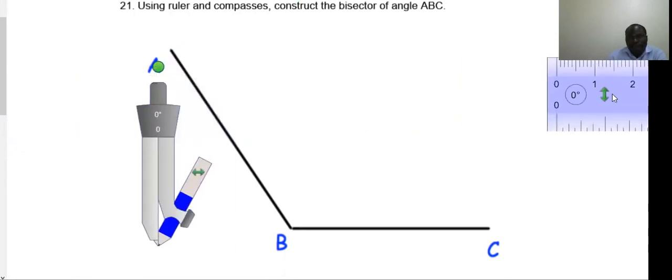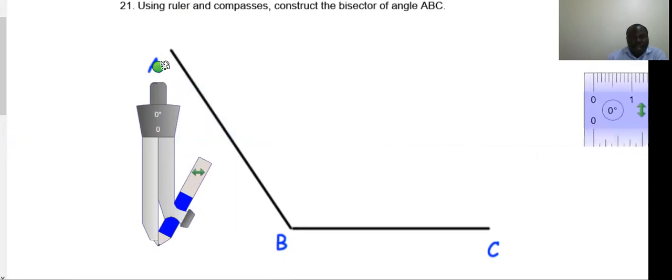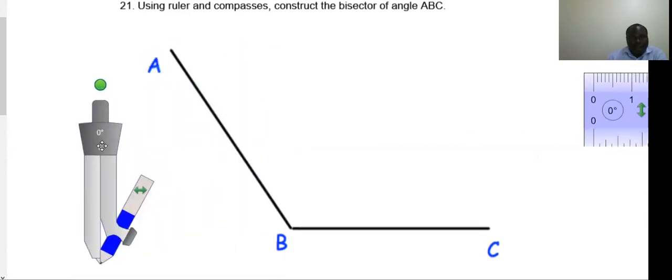Now, let us put the ruler somewhere here. We need to construct what we call the bisector of an angle.